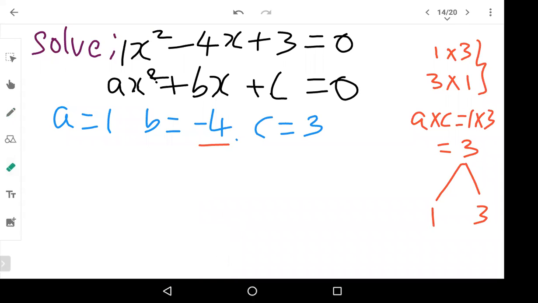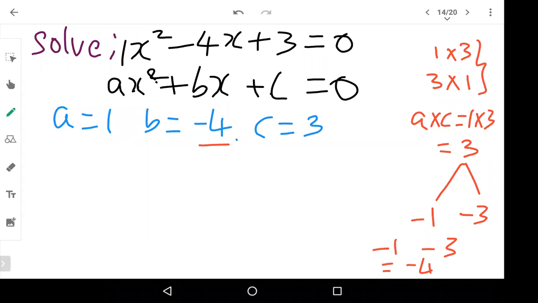If I take -1 and -3, I would get -4, correct? I'll just retain the sign and add the numbers.